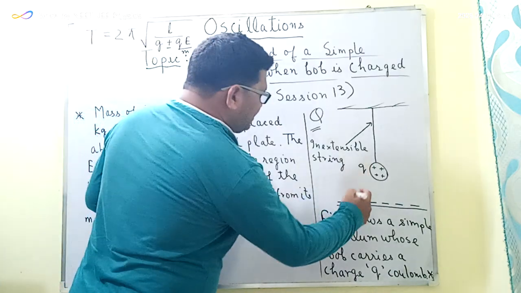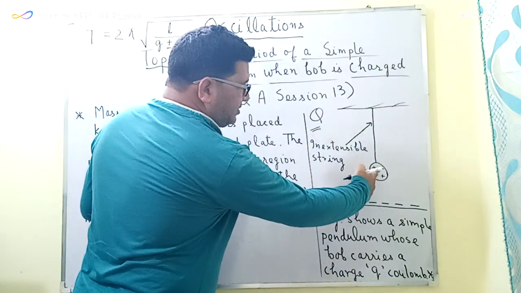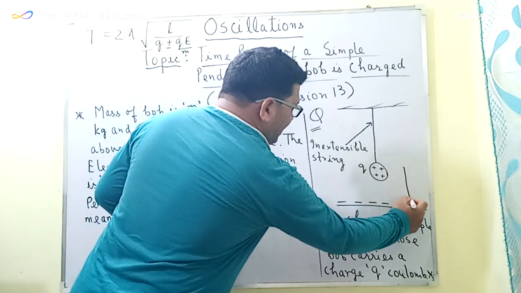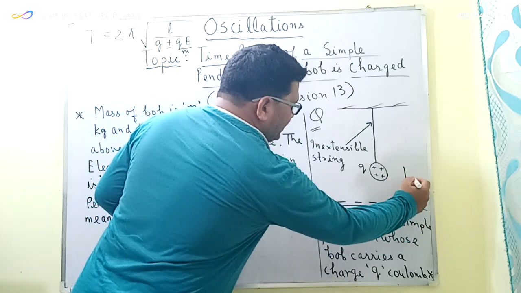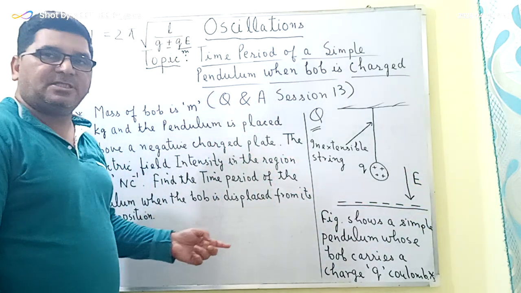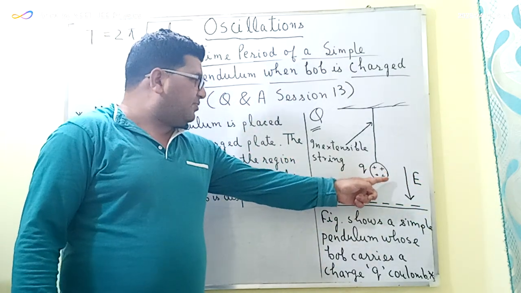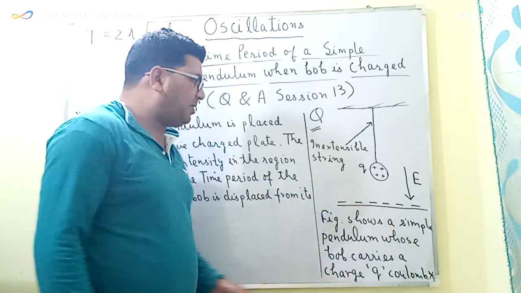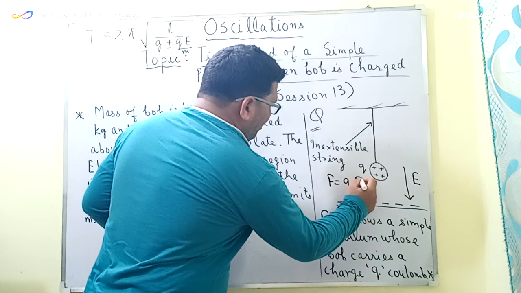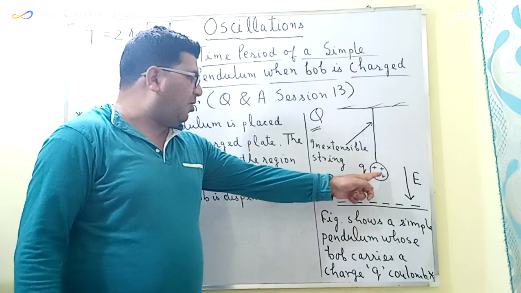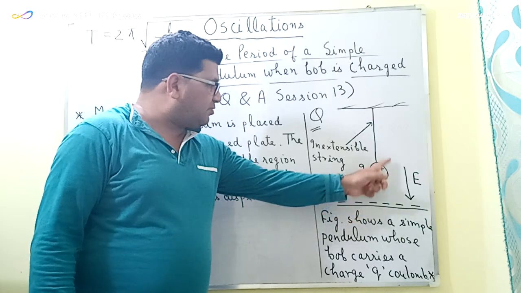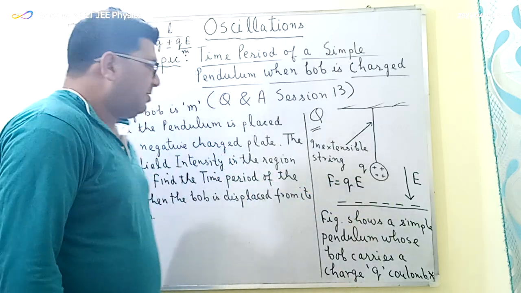In this case, since this is a positively charged bob and this is a negatively charged plate, the direction of the electrical field lines will be as given by this arrow. The electrical field lines are directed from the positive charge towards the negative charge, and because of this, an electrostatic force will be exerted on this bob, which is equal to Q into E, and the direction of this force will be vertically downward.